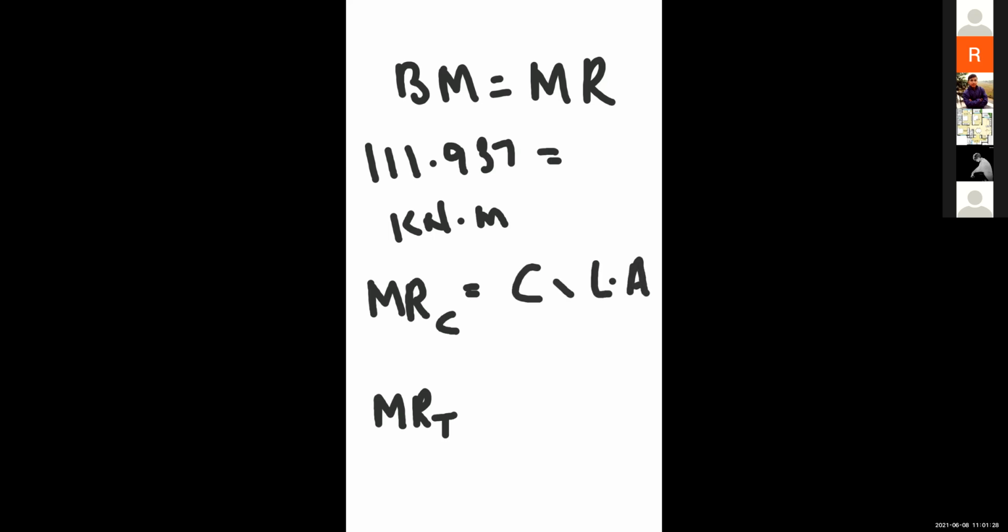Then what is the formula for total compression and lever arm? Half into sigma CBC into B into N, and lever arm is D minus N by 3. D minus N by 3, right? Okay.